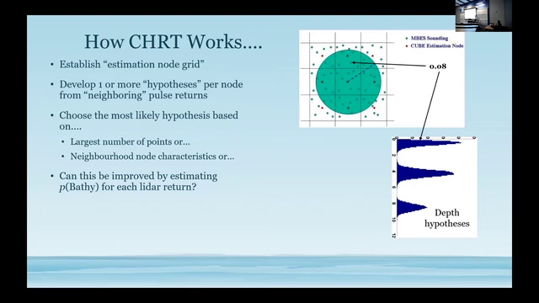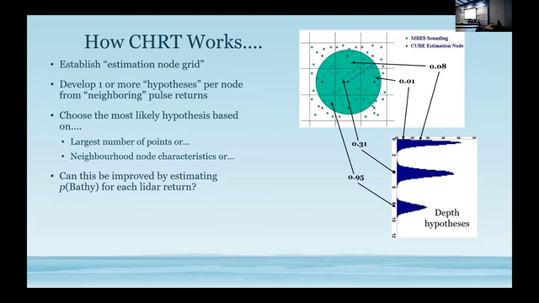belongs to that hypothesis, that gives me an extra piece of information. And if I have another point there with a probability of being bathymetry of 0.01, it's also in that first hypothesis. There's another one with a higher probability of being bathymetry in a different hypothesis, et cetera.